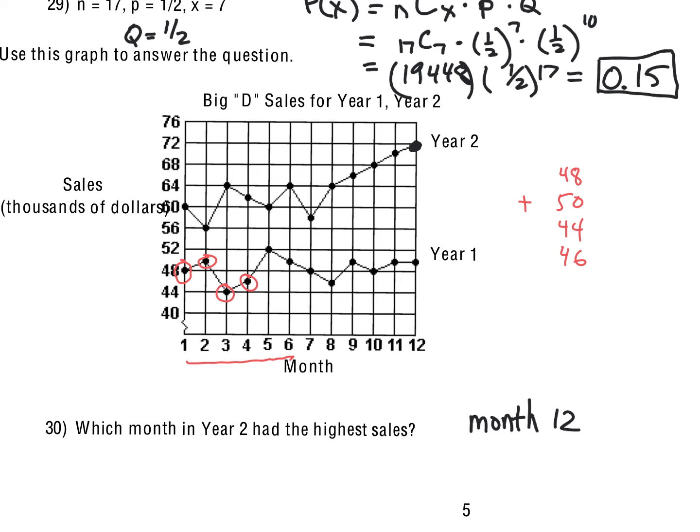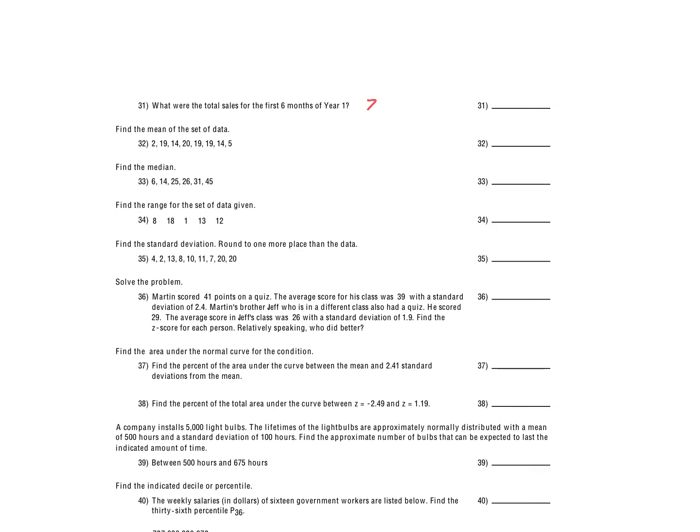And then 52 and 50. So there's the first 6 months. So if we add up those, that's 290, and this is in thousands. So that's the total sales for the first 6 months. So the answer was 290,000.